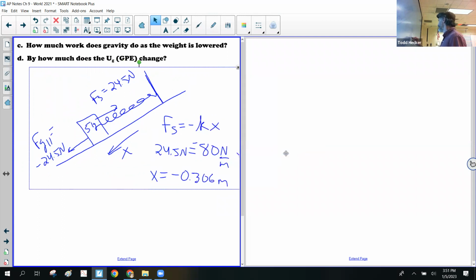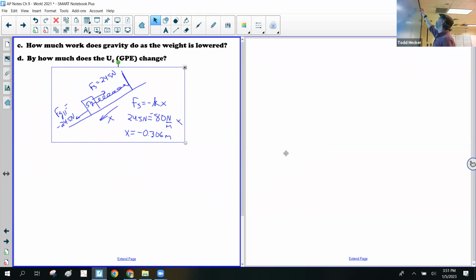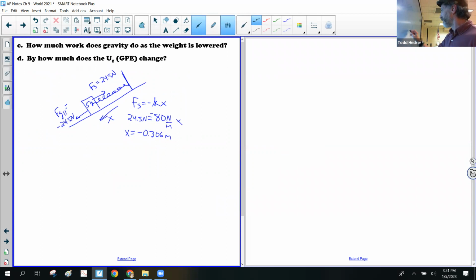All right, wow, that was a lot of work. So what's happening then is, as the spring stretches, the object is going to go this way 0.306 meters, which means we have a vertical displacement, because this is 30 degrees.